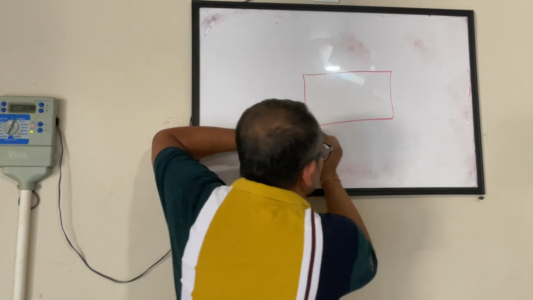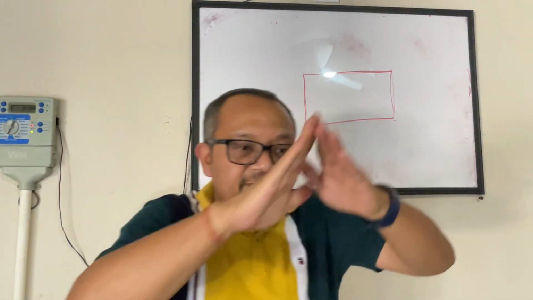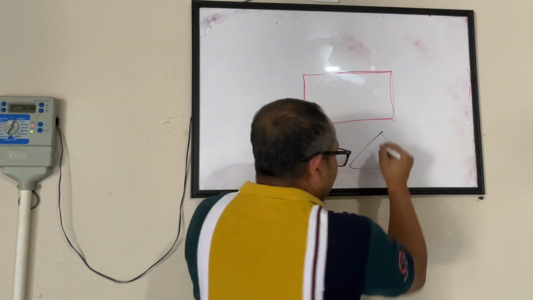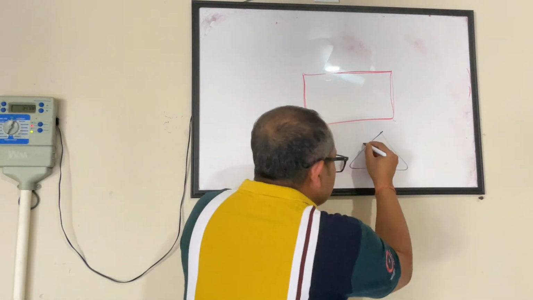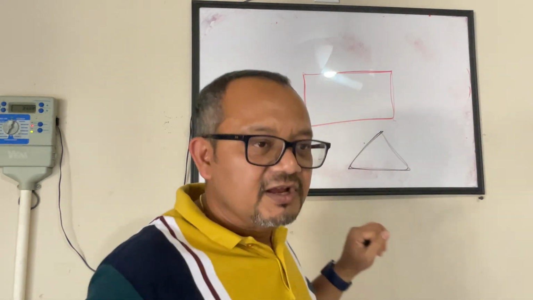It is this length plus this length, this length and this length. The entire boundary of that shape is the perimeter. If you are talking about a rectangle, this is the perimeter. If you are talking about a triangle, this length plus this length plus this length is the perimeter. So you add all the sides, you get the perimeter.